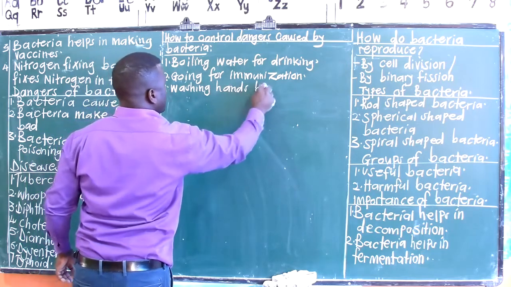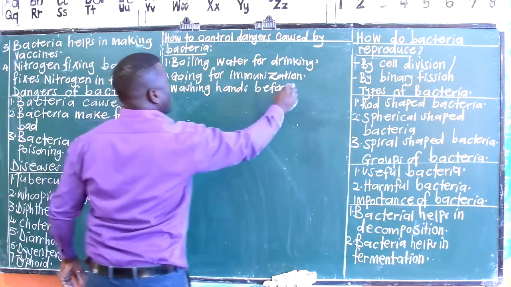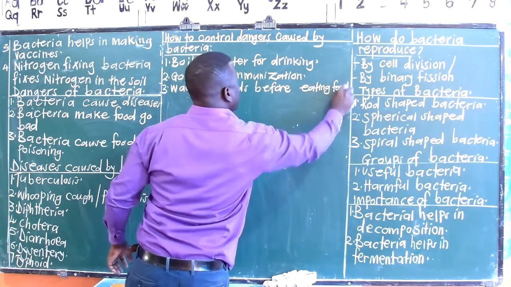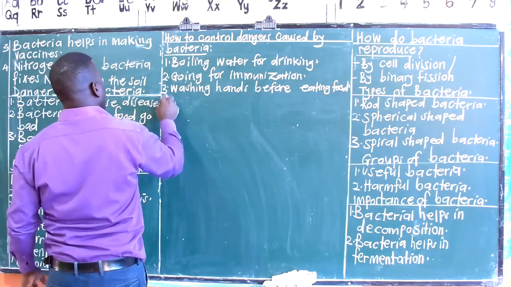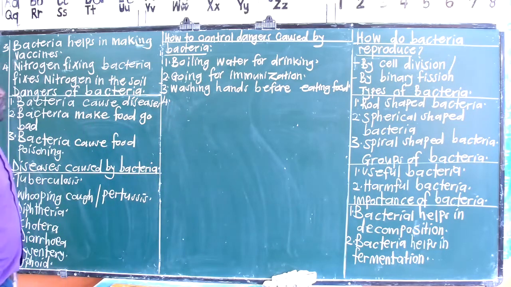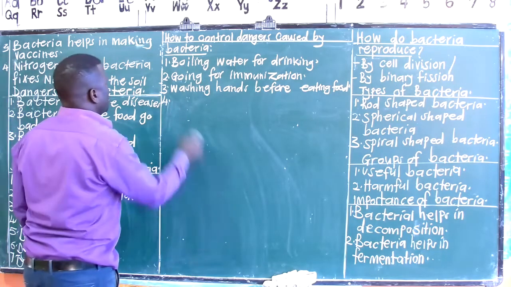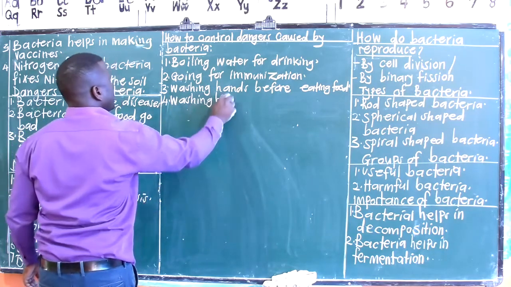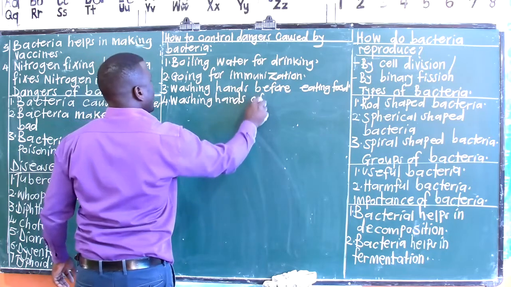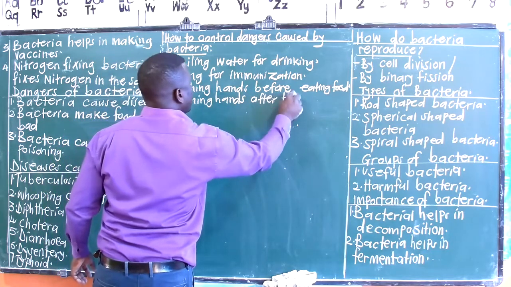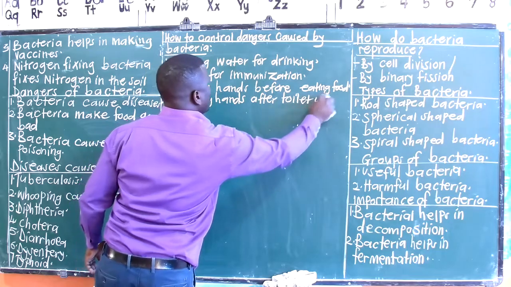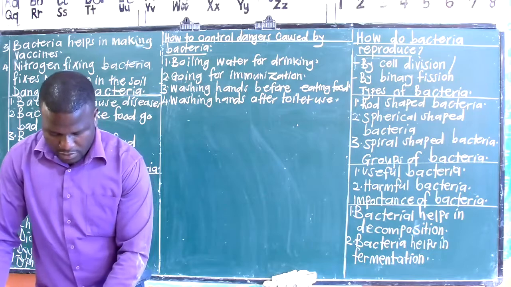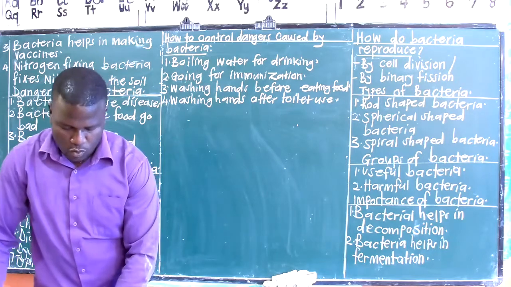Number 4, washing hands after toilet use. So whenever you use the toilet, you're supposed to wash your hands. Before you drink water, that water must be boiled, and so on.